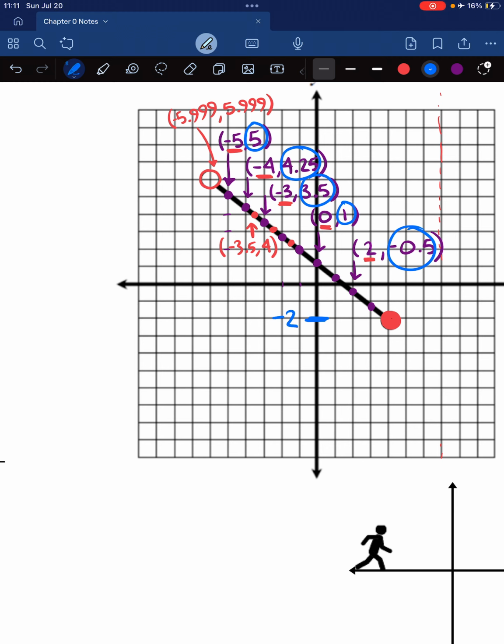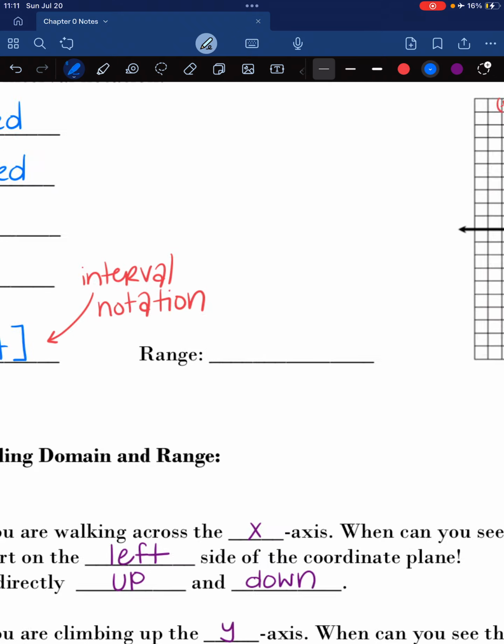I can see that I'm going to get y values all the way in between -2 all the way up to +6. And there's absolutely no points down here. I'm not going to get anything that's less than -2, and I'm not going to get anything that's bigger than +6, but I do have values for everything in between those.